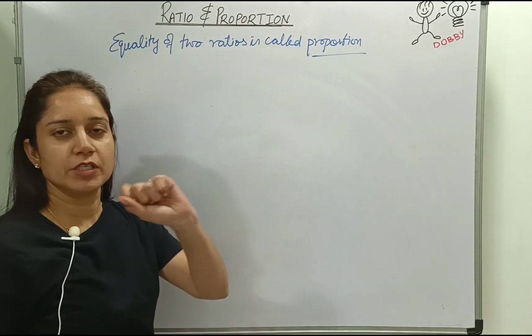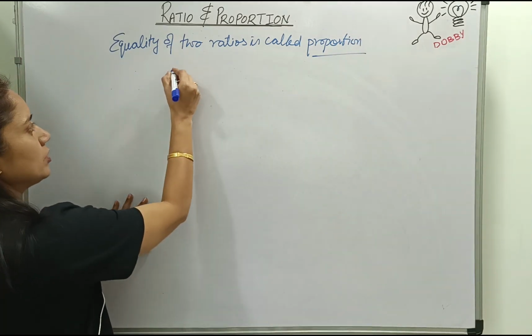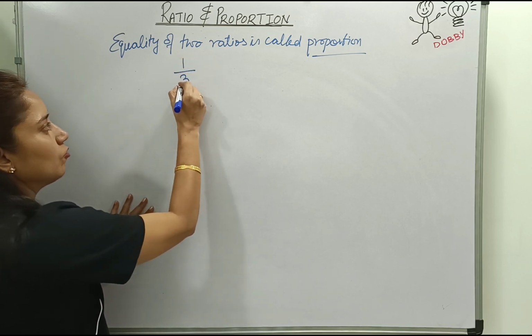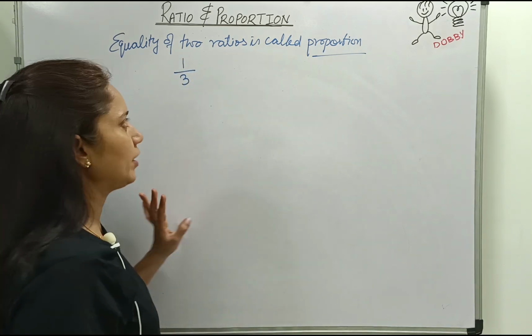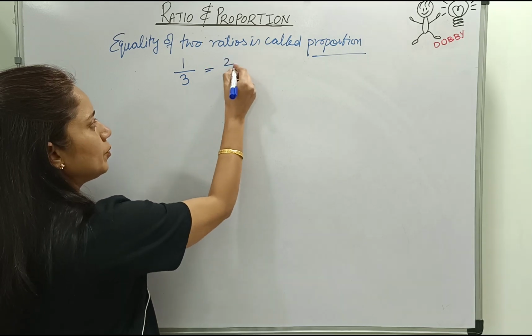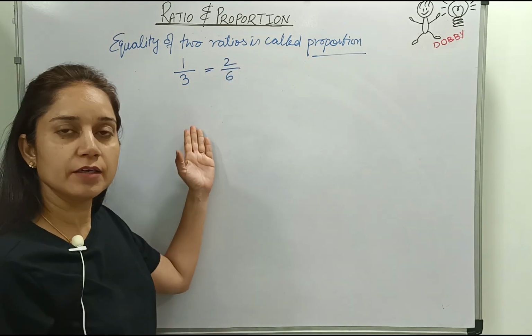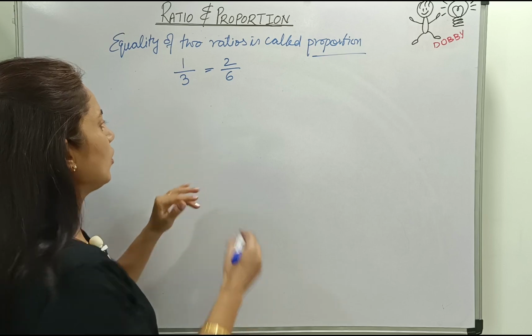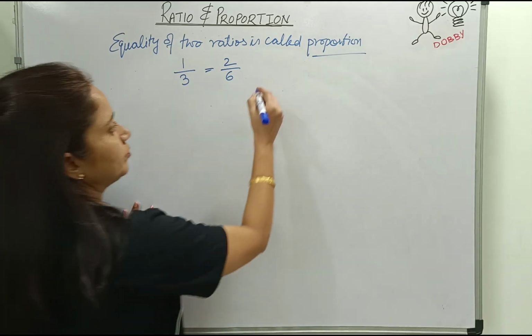Equality of two ratios is called proportion. For example, if I have 1 upon 3, this is one of the fractions, equals 2 upon 6. How? These are equivalent fractions. So we can call them equivalent ratios.